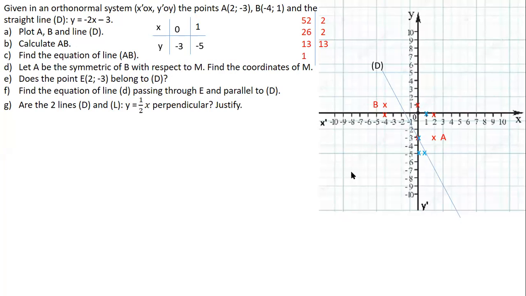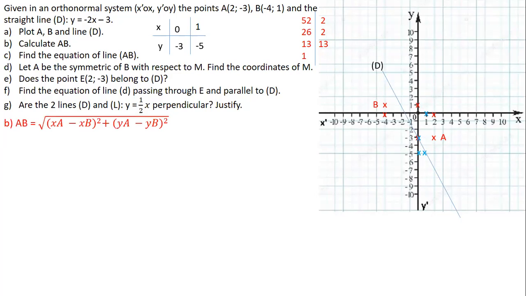How do we calculate the length of AB? What's the rule? AB equals radical XA minus XB all of it squared plus YA minus YB all of it squared.